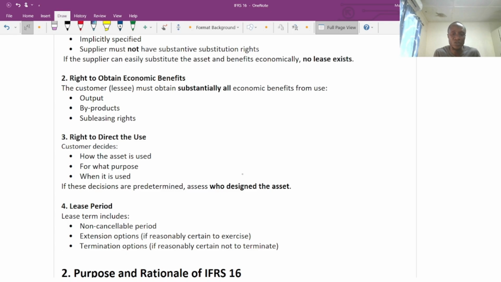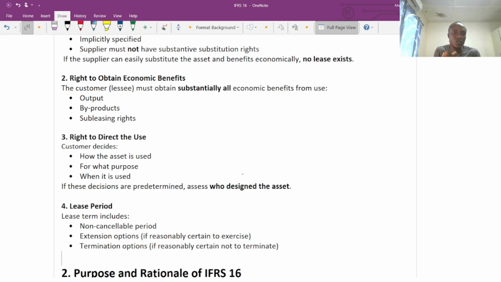For example, if we are talking about machinery with a useful life of 5 years to produce 10,000 units of pure water, for example. Then, if this machine is leased to the lessee, then the lessee decided to increase the production capacity from 10,000 to 15,000 pure water, which in the real sense, the capacity of the machine cannot produce 15 or 20,000 bottles of pure water.